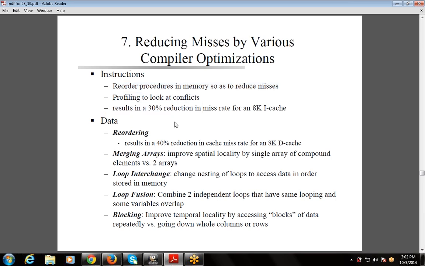So these are the instructions used, that is, reordering the procedures in memory so as to reduce the misses. This is the concept by which we can reduce the misses.